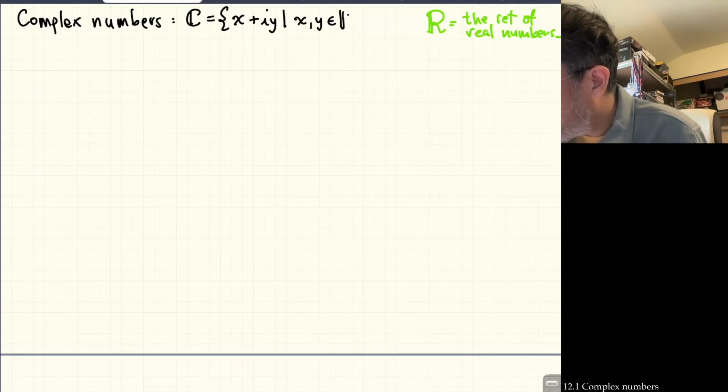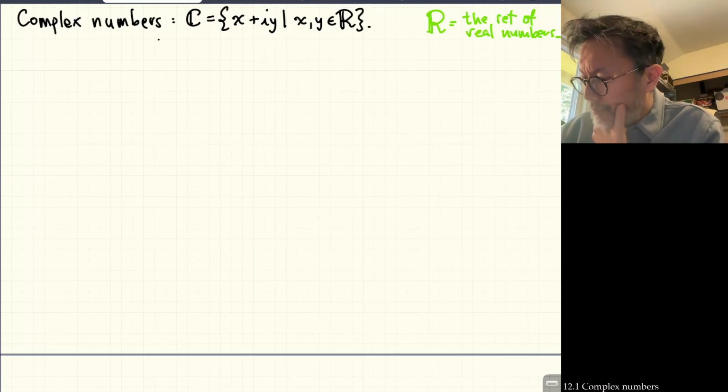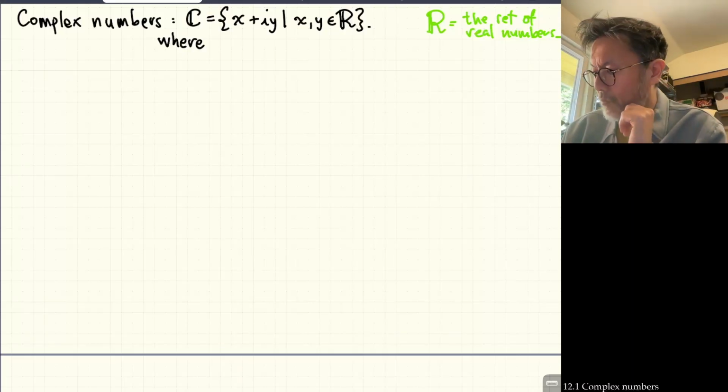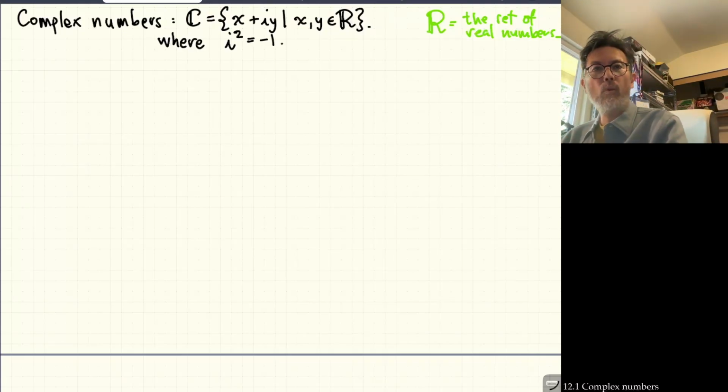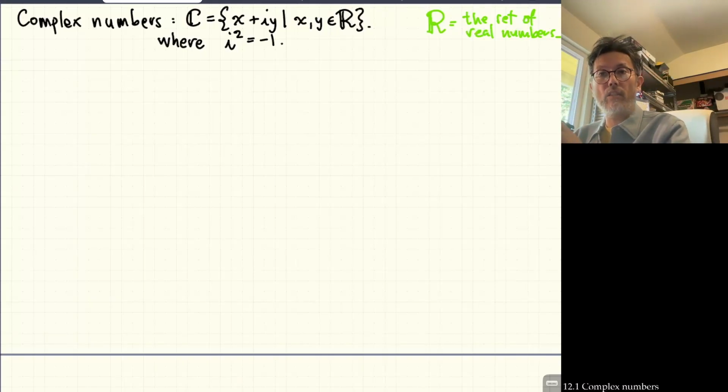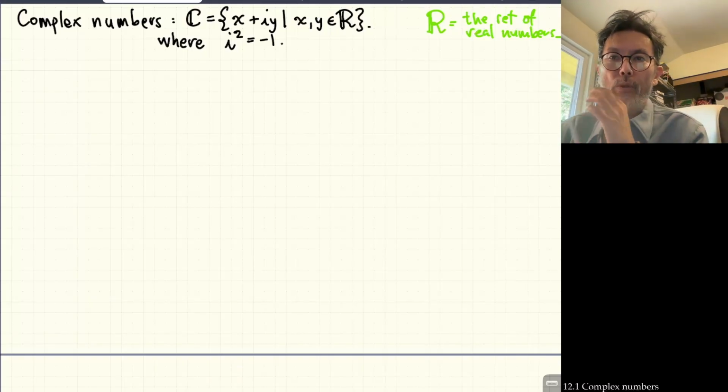I'll denote that state of affairs like this, and here's where I'll tell you what i is. i is a number whose square is -1. And it's this property of complex numbers that we can have complex numbers whose squares are negative real numbers.